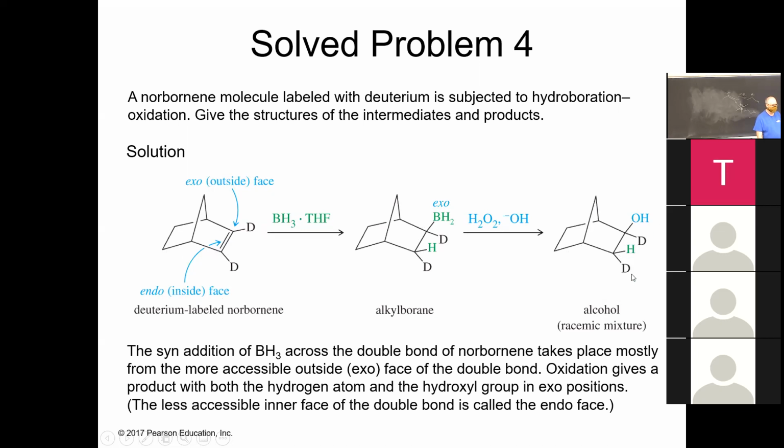Underneath is called the endo. Notice the 2 deuteriums are at the endo position. So both H and OH are added from above. This is a racemic mixture. You have a chiral center here, where you actually have 2 chiral centers. This is a chiral center because hydrogen and deuterium are different.